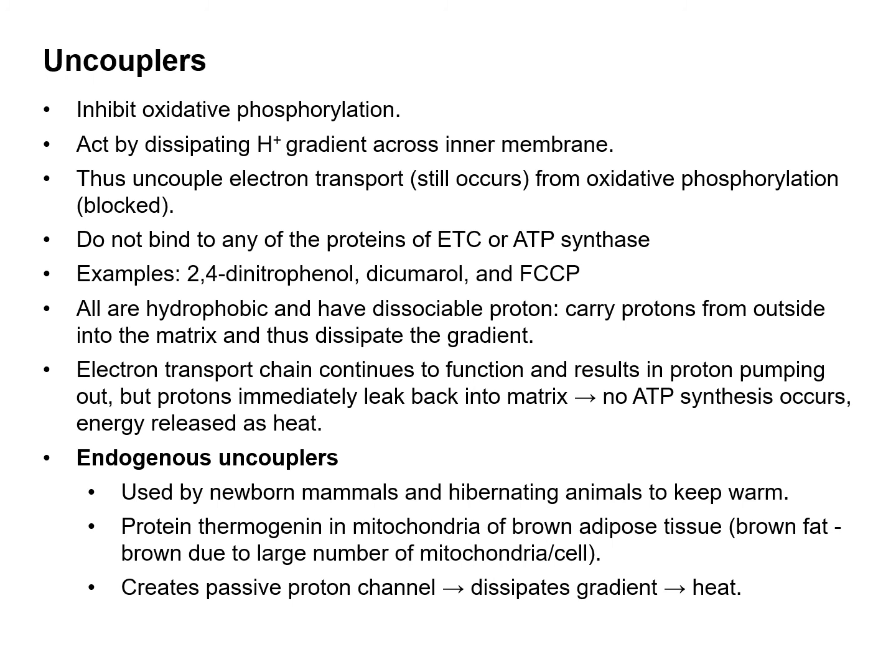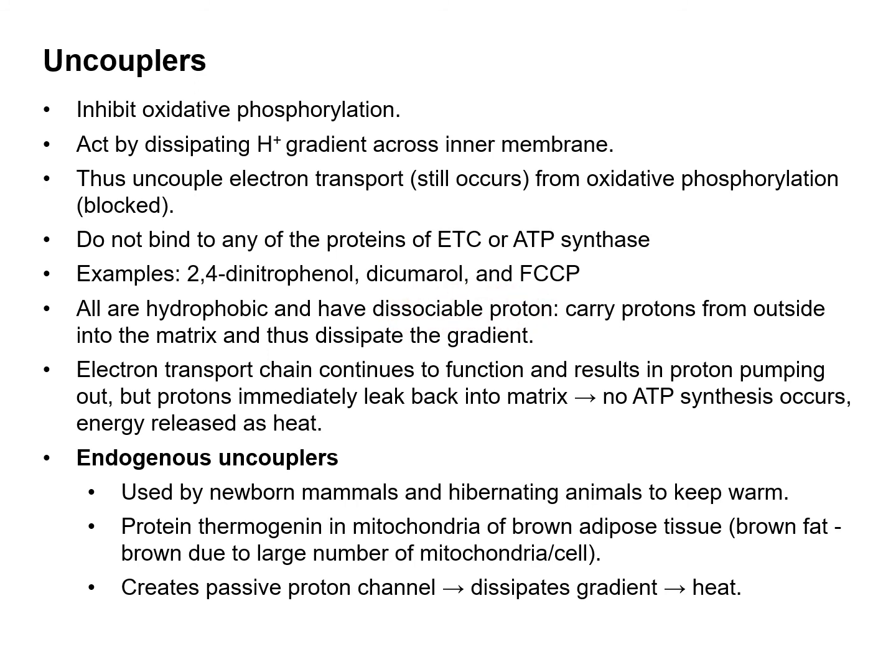And they do not bind to any of the proteins that are relevant to the electron transport chain or the ATP synthesis, or ATP synthases. Examples of such uncouplers are 2,4-dinitrophenol, dicumarol, and FCCP, and they are all hydrophobic and have dissociable protons, and this is an important characteristic that they have.